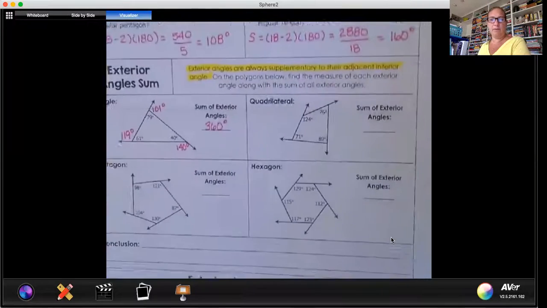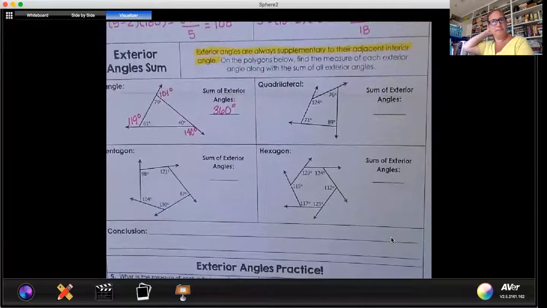All right, if you guys will pause your screen and fill in the rest of these, and then we're going to write our conclusion here at the bottom.